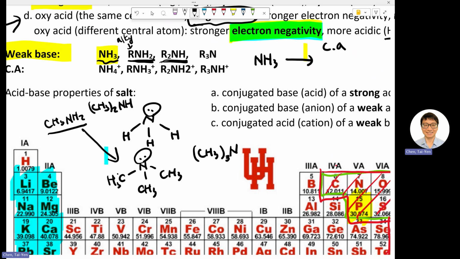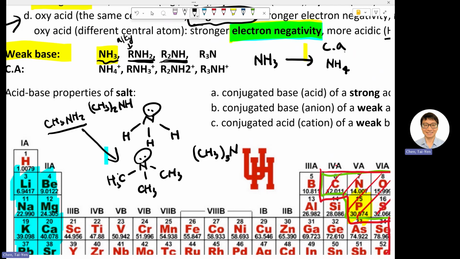What is the conjugate acid of NH3? It should be NH. Conjugate acid, right? If you want to know the conjugate acid, you add H plus. Therefore, if you add H plus, you have NH4. Okay, be brave.